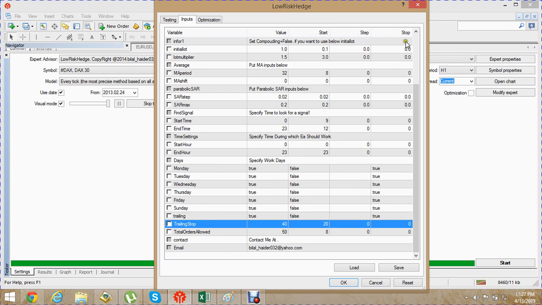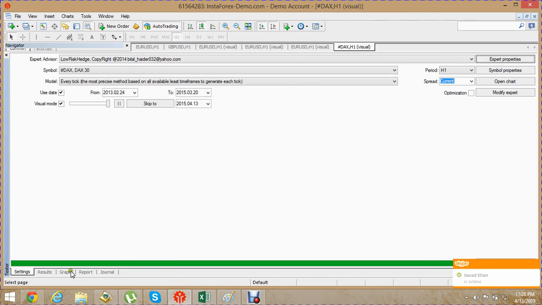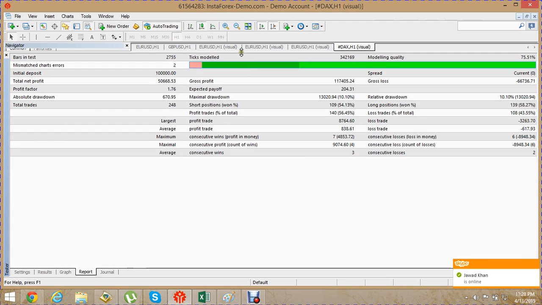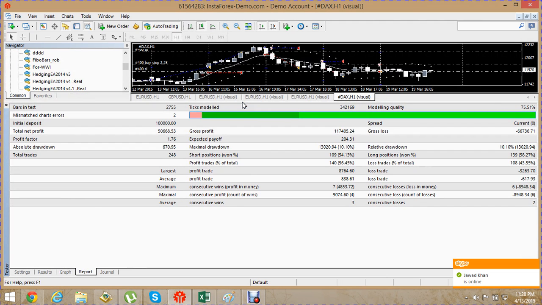Now let me click OK here, and let me show you the graph. The graph is pretty much always in profit, as you can see here, and this is the report, which says I have had a drawdown of 10%, and I made about 50% in a year.